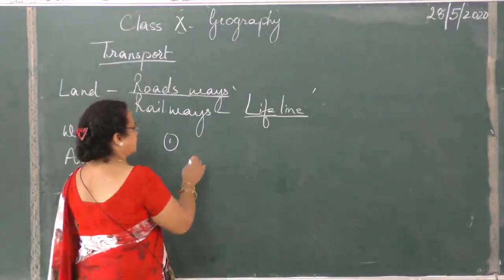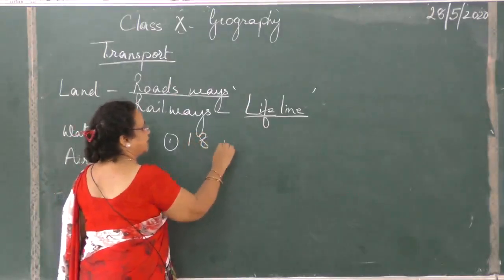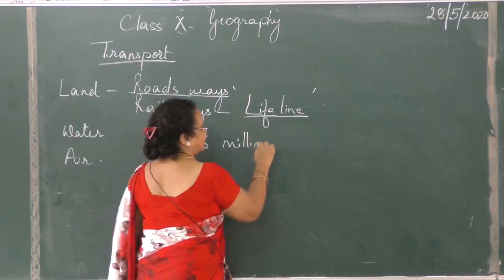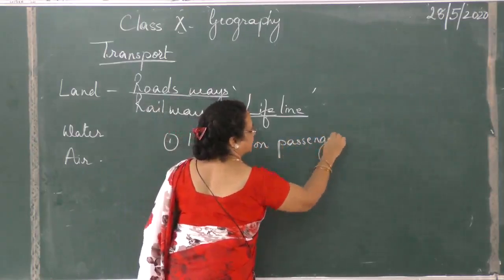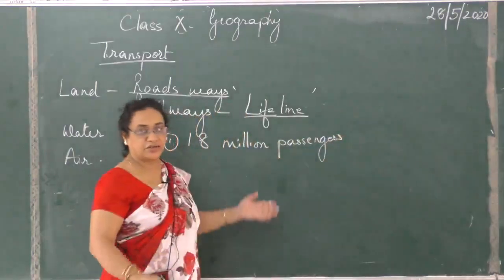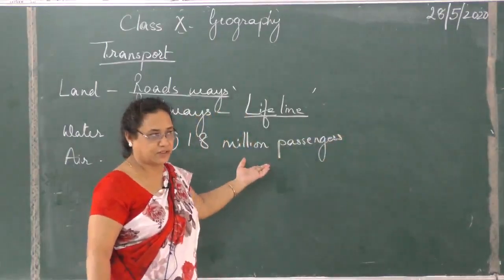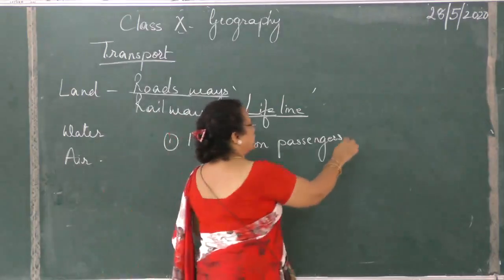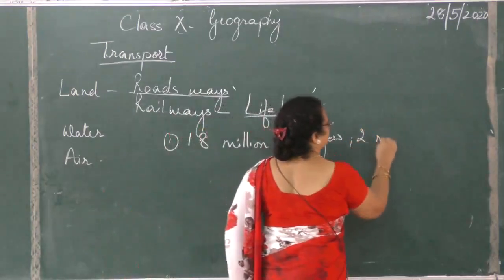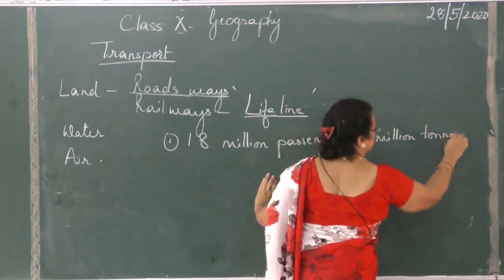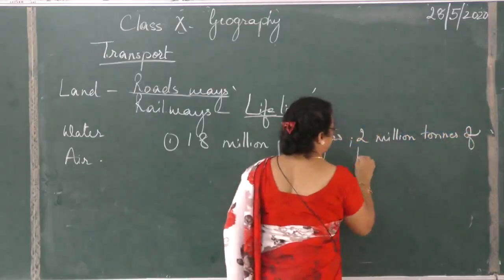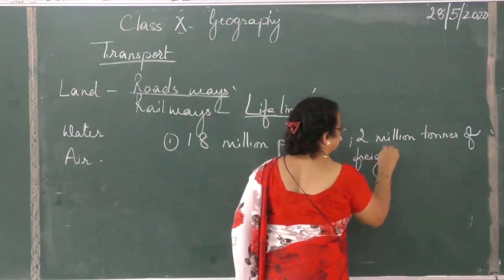The first reason is that around 18 million passengers are transported every day. This is on an everyday basis by the railways. In the same point, you will mention 2 million tons of freight. You should know this term.